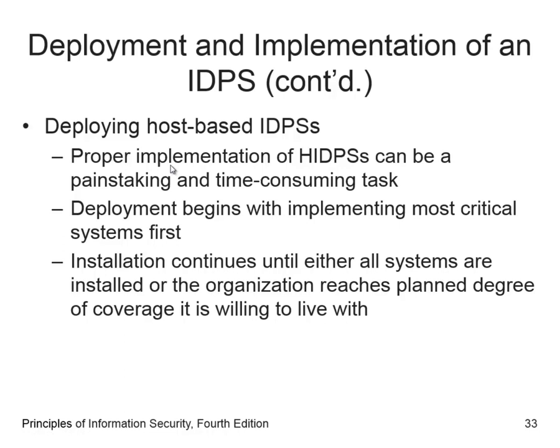For deploying host-based IDSs, the proper implementation can be a painstaking and time-consuming task, as each host IDS must be custom configured to its host system. Installation continues until either all systems are installed or the organization reaches the planned degree of coverage it's willing to live with regarding the number of systems or percentage of network traffic.